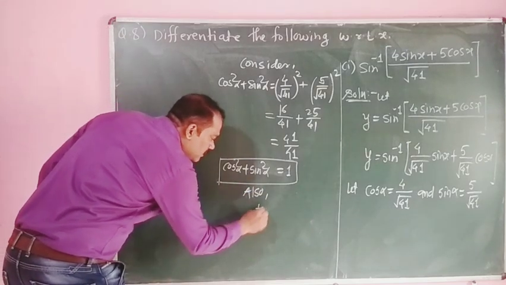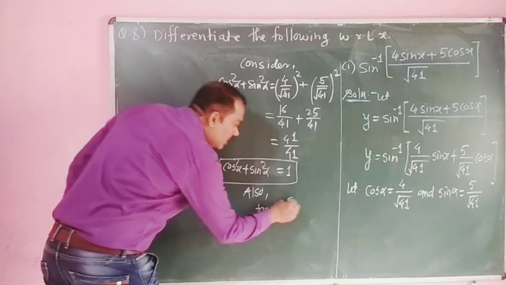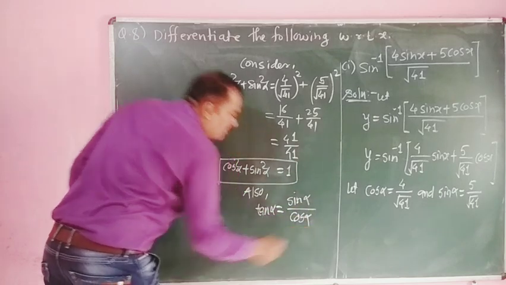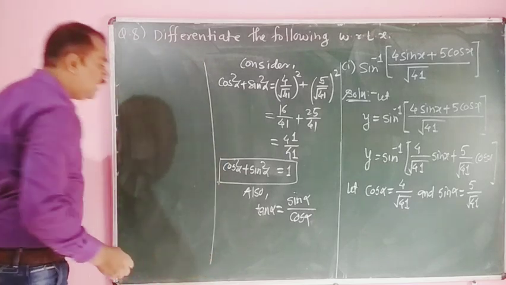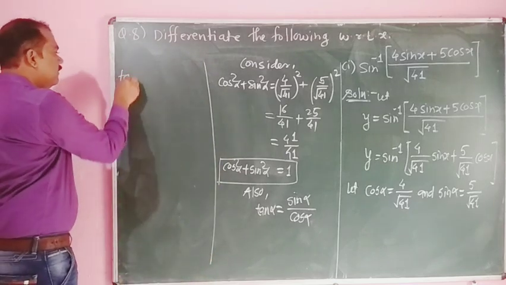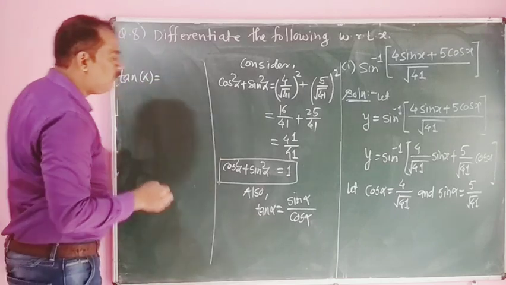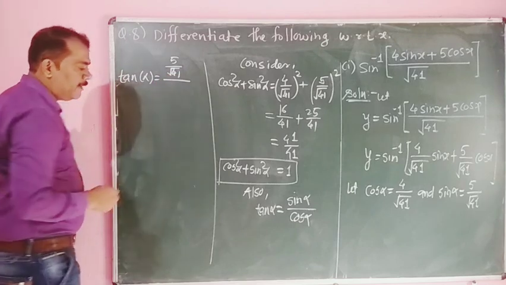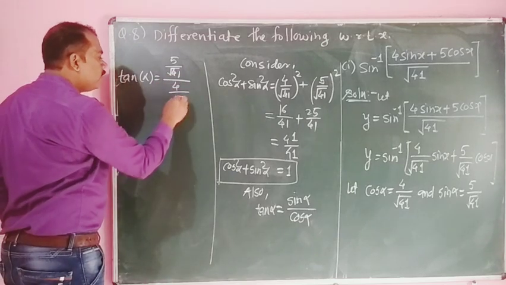Now we also have to calculate the value of alpha. So we consider tan alpha is equal to sin alpha divided by cos alpha. Sin alpha is 5 divided by root of 41, divided by cos alpha, which is 4 divided by root of 41.